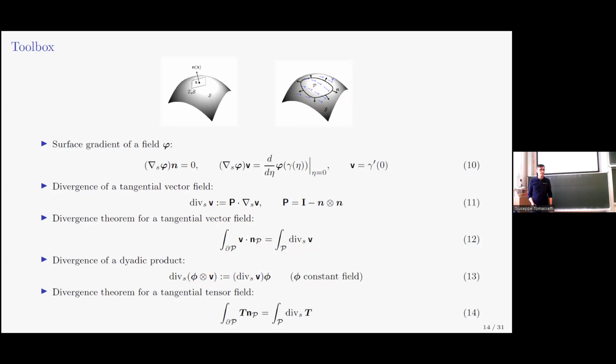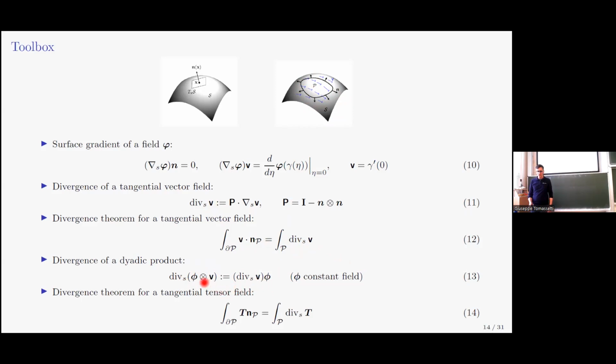And once you have defined the divergence of a tangential vector field, you can also define the divergence of any arbitrary tensor field, because you can write this tensor field, for example, as the dyadic product of a constant field phi with a tangential vector field, and you just say that the divergence of this is phi times the divergence of the vector field.